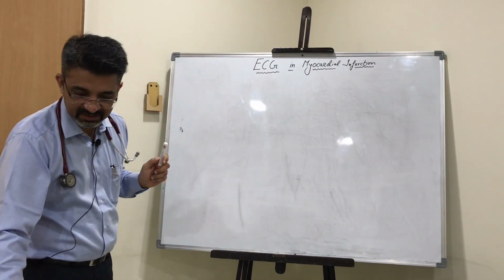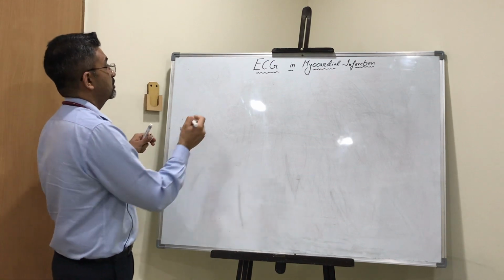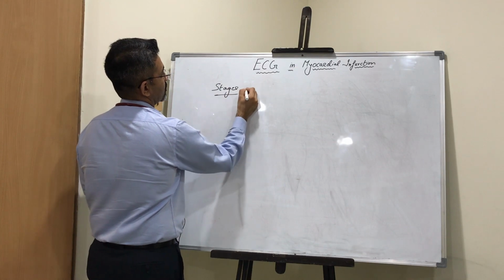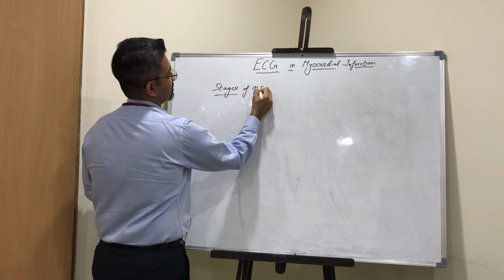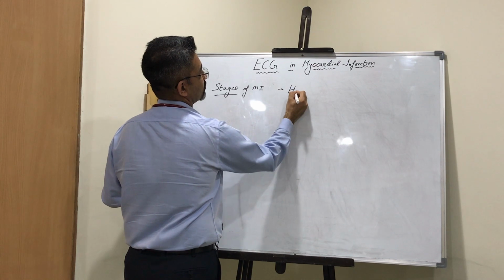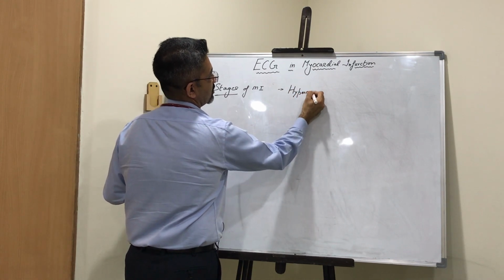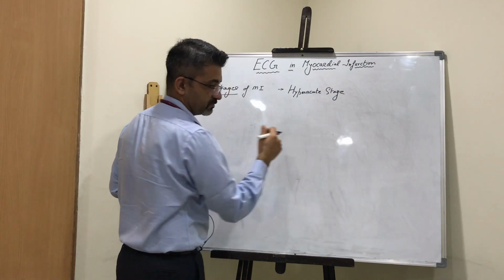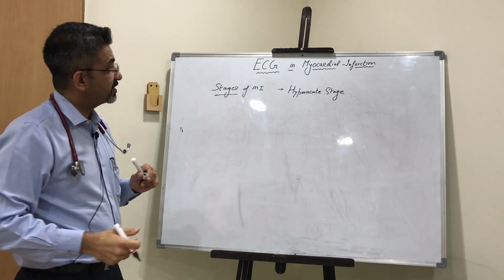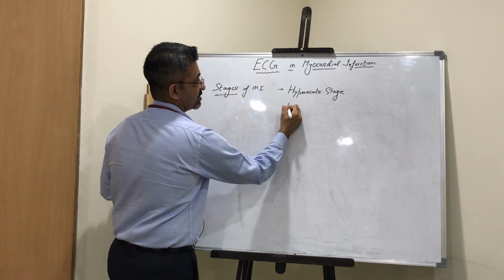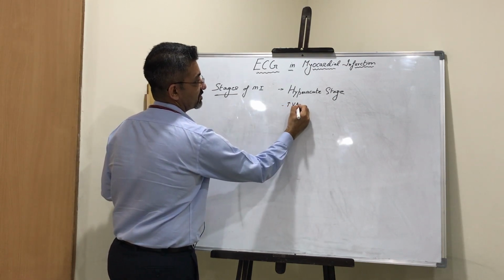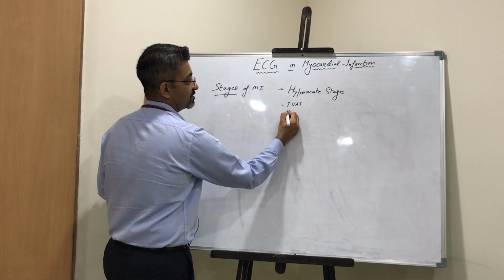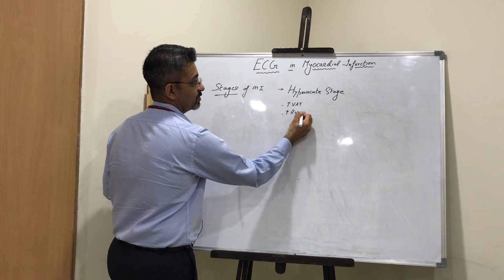So now we come to the stages of MI. The first stage is the hyperacute stage. In the hyperacute stage, I have an increase in ventricular activation time. I have an increase in R wave amplitude.